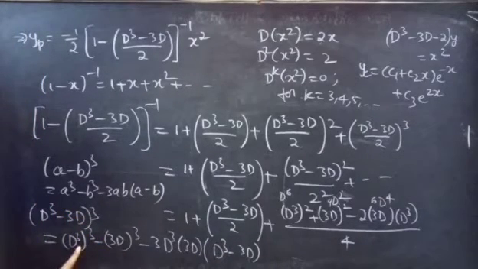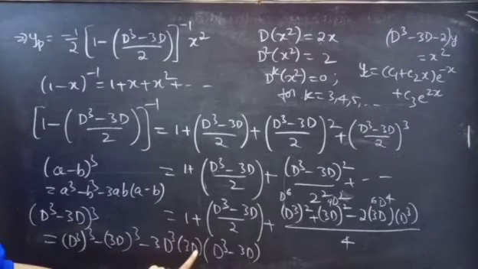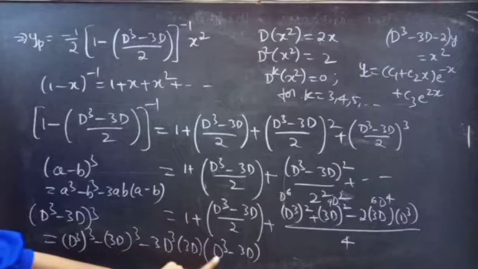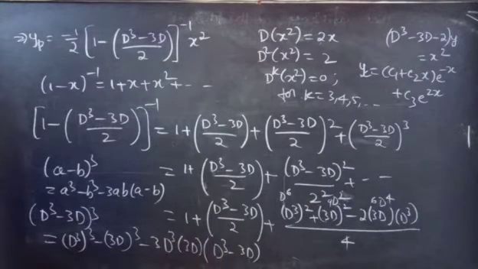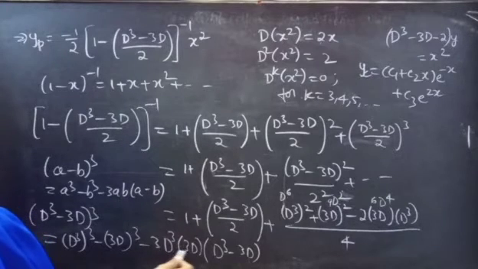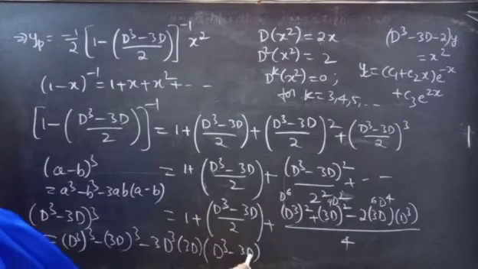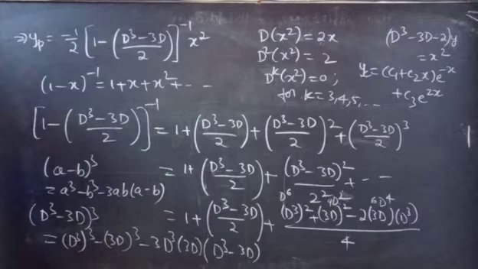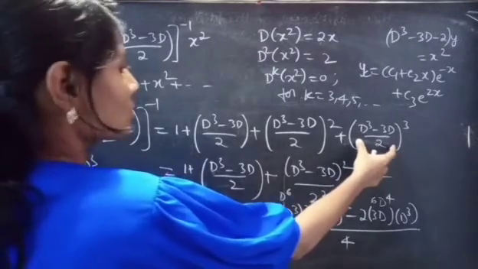Here you'll get d power 9 minus, 27 d cube minus... d cube into d is d power 4, and d power 4 into d cube is d power 7, a higher derivative, right? Again, d cube into d is d power 4, and d power 4 into d is d power 5. So you are getting higher derivatives in this term also.